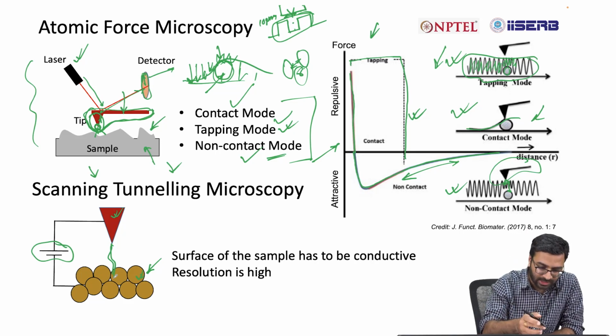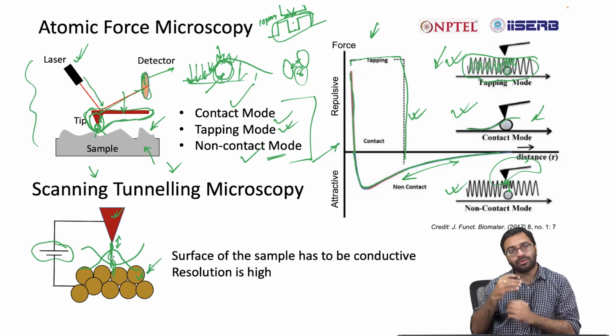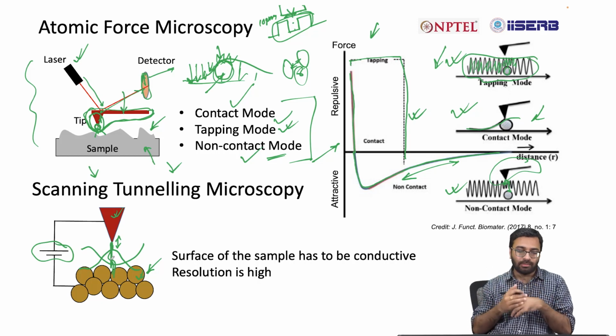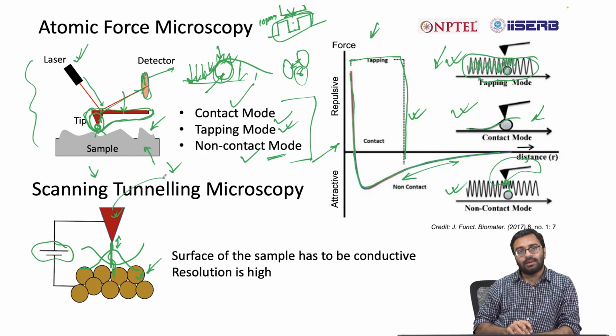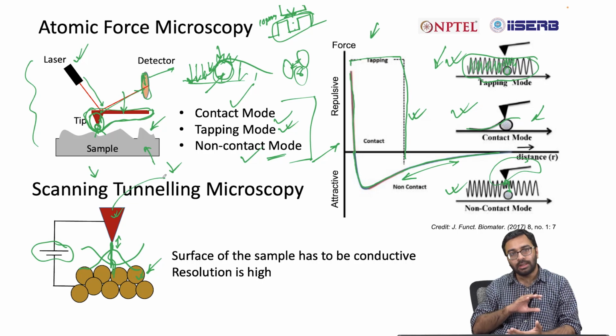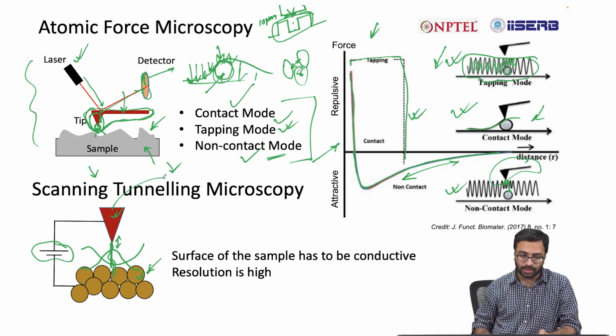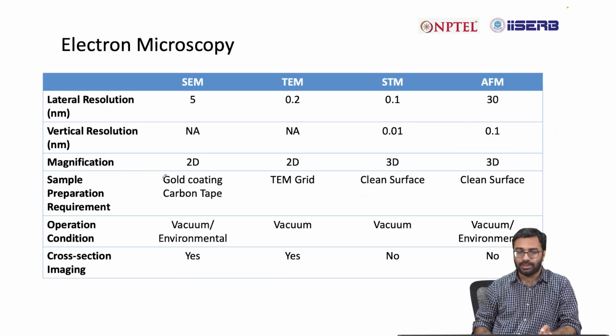So if the feature is like this, then the distance will reduce, so the current will be higher. If the feature is like this, then the distance will be higher, so the tunneling current will be less. Now from this tunneling current, you will be able to figure out the type of substrate or the morphology of that particular thin film over a substrate.